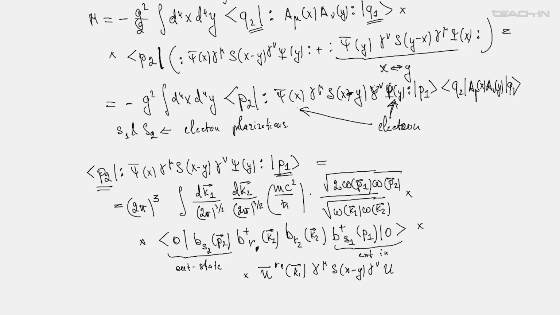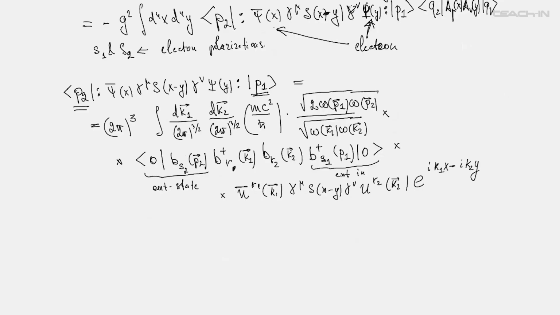And I recall that these spinors are solutions of the Dirac equation, which provide a basis for the decomposition of our fields psi and psi bar in terms of creation annihilation operators. And on the top, of course, we have the exponentials e^(iK1x) minus iK2y, again coming from this expansion of psi and psi bar in terms of oscillators. Okay, so this is the matrix element which we have to compute first.